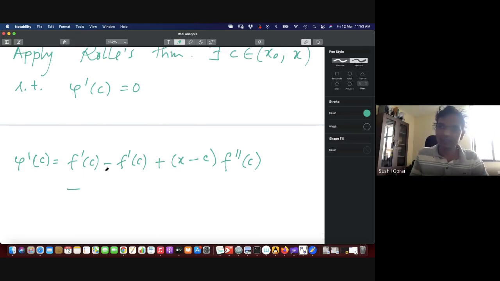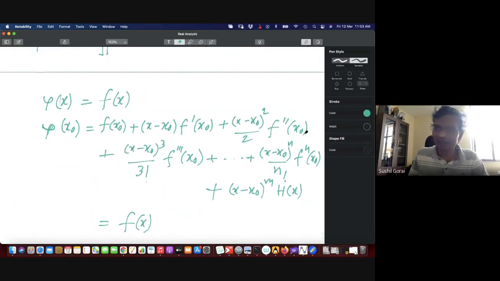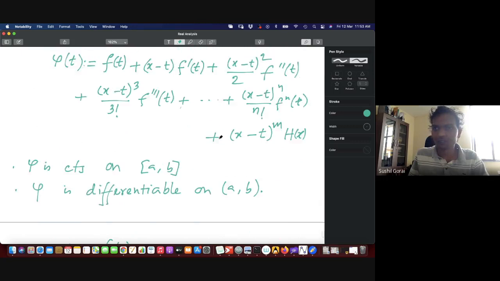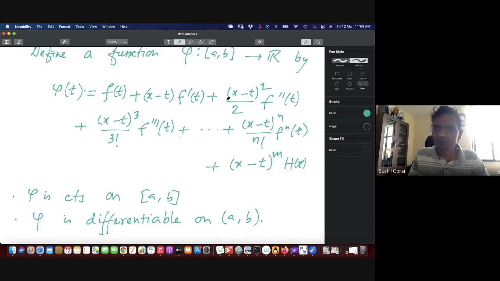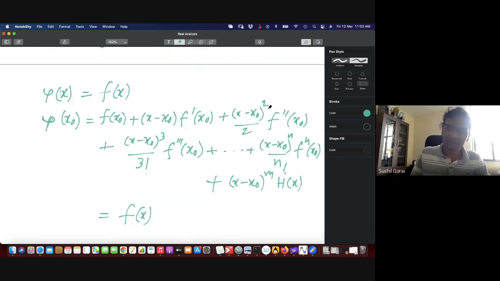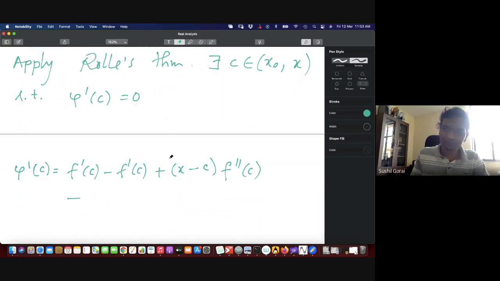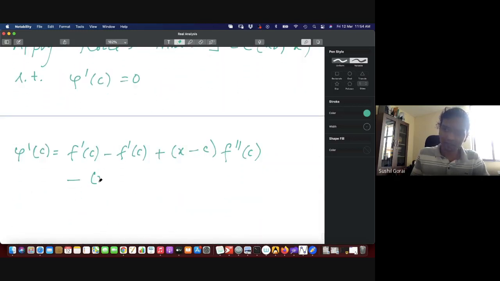Then there will be, let's look at the next term here, 2 times (x minus t), and there will be a minus sign for minus t. So this should be minus (x minus t) times f double prime t, minus (x minus c) times f double prime c, right? And so on.